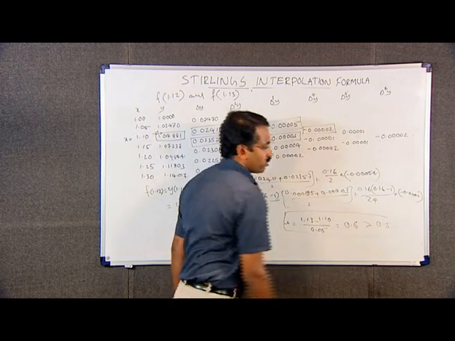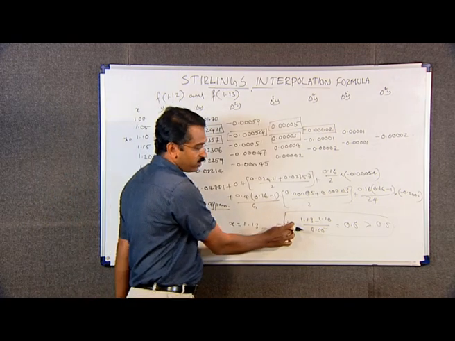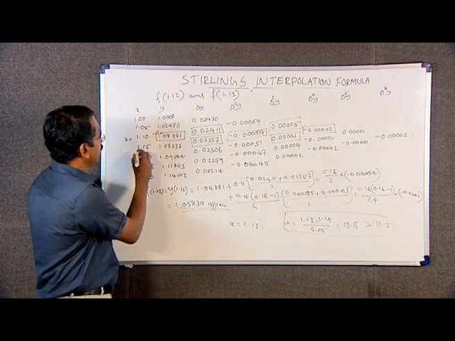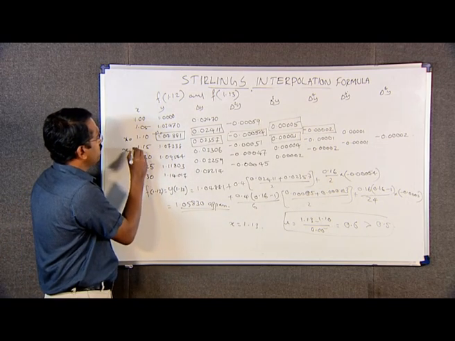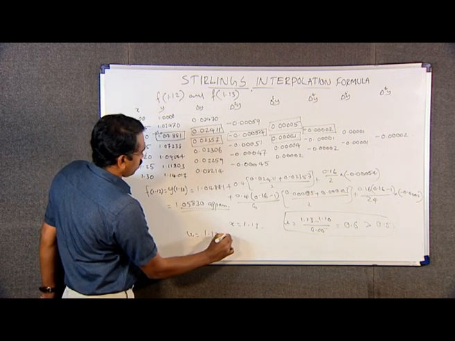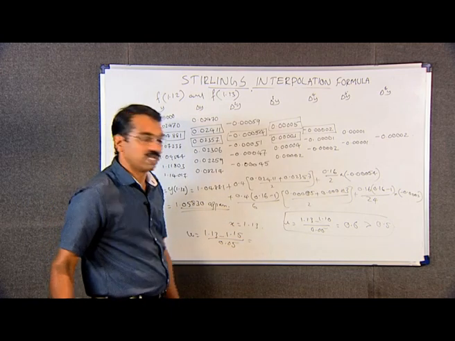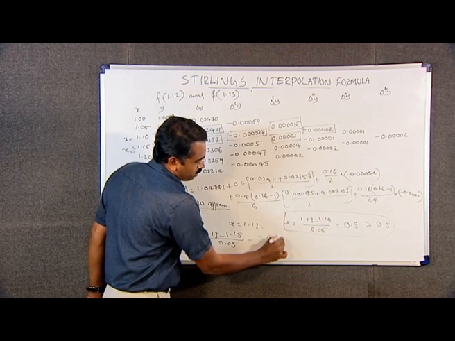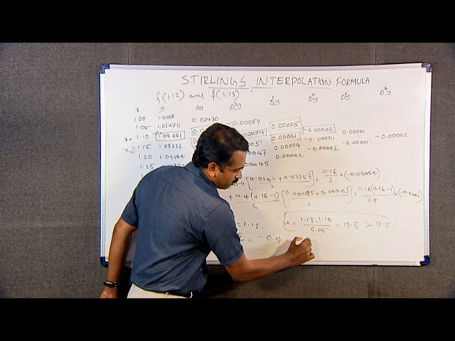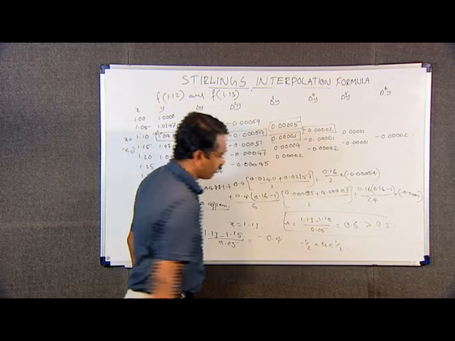Therefore, in order to get better accuracy, we have to choose x naught such that the value of u lies between minus 0.5 and 0.5. Therefore, we can choose x naught as 1.15, in which case u will become 1.13 minus 1.15 divided by 0.05, which is negative 0.4, which lies in this interval, minus 1 by 2 less than u less than 1 by 2.